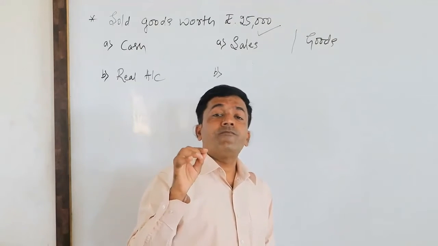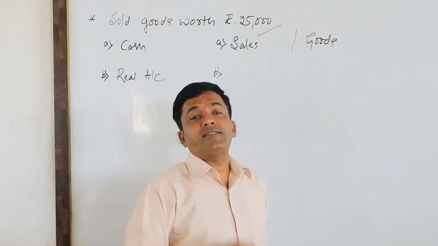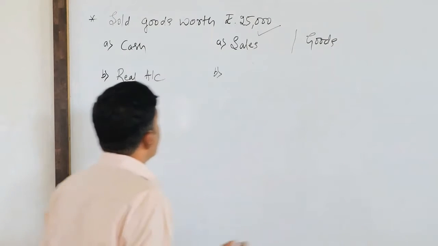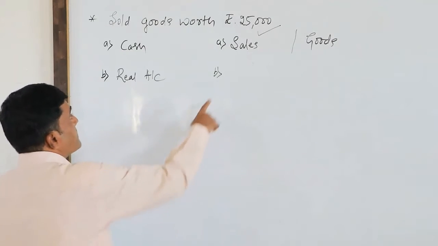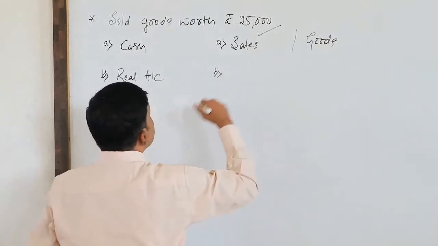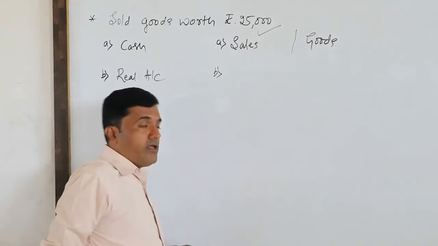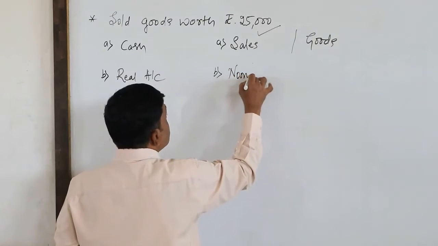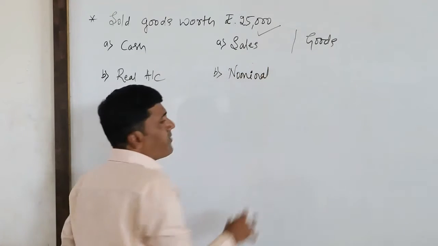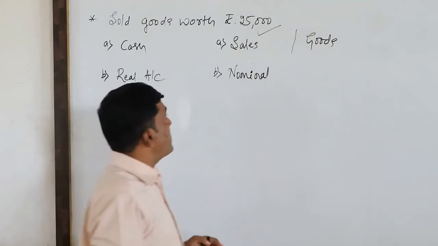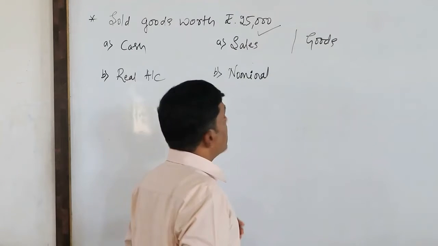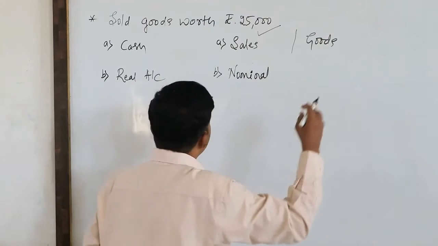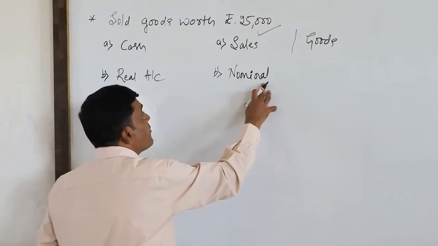So when there is an income, then only we are selling, or we are not going to sell the goods. That is the reason sales means income, so it comes under nominal. But we cannot say this much income he has earned right now only, but it will be a resultant figure. That is the reason I have written it as a nominal.